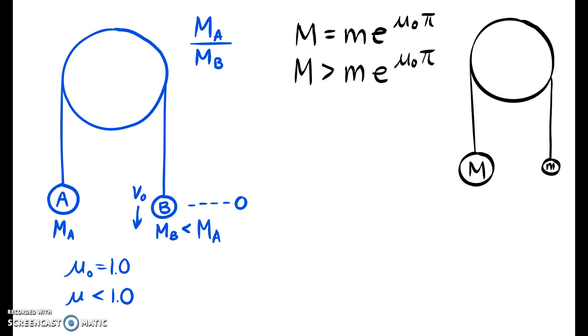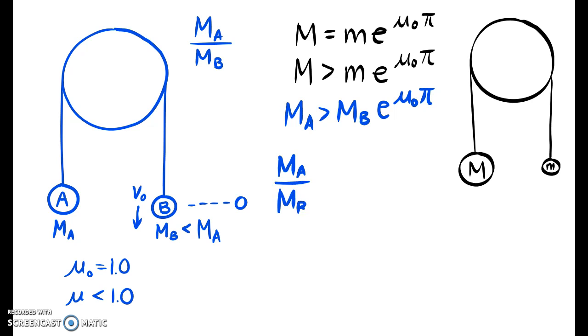So we can replace large M and small m, which is a general relationship, with ma is larger than mb times e to the mu0 pi. Or in this case, mu0, as we mentioned before, is a coefficient of static friction. So once we have that, we can find the ratio of the two masses by dividing.